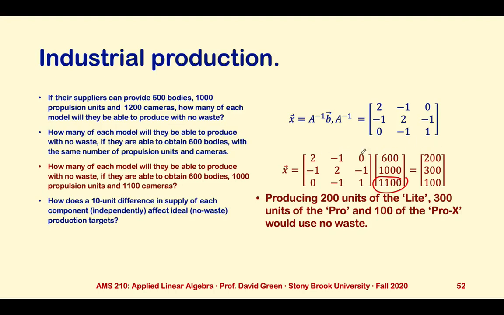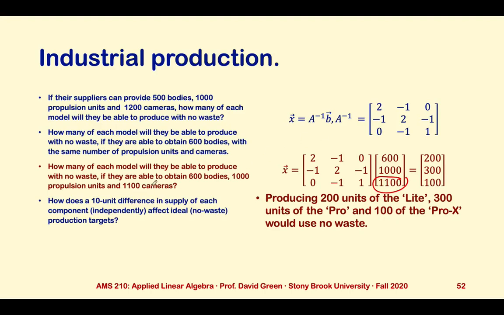It's not affected by this change because of the 0. For the second entry, we have negative 600 plus 2,000 minus 1,100. So that's 2,000 minus 1,700, 300 units. And for the last, we have 0 minus 1,000 plus 1,100, or 100.